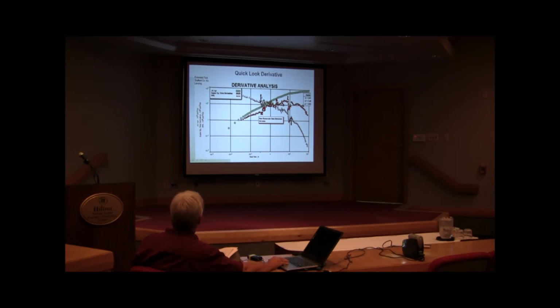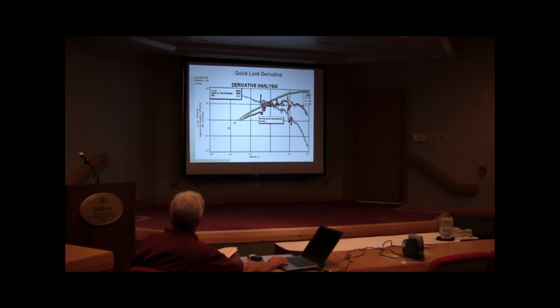So essentially, everything from this point here to this point here is non-reservoir data. This whole mess of jumbled data here is not the reservoir talking. That's something else. Like I said, we saw a lot of liquid loading. We know that we had liquid and gas during this test. So this stuff is ignored.